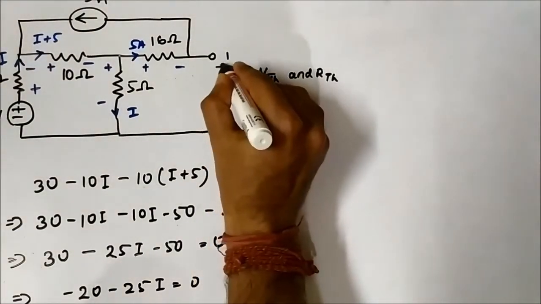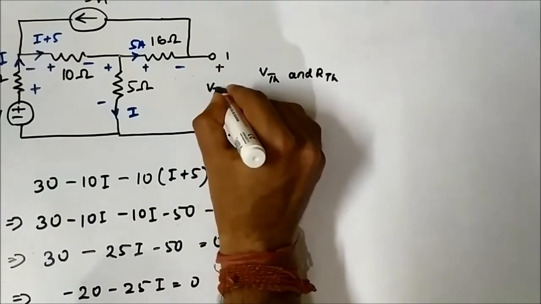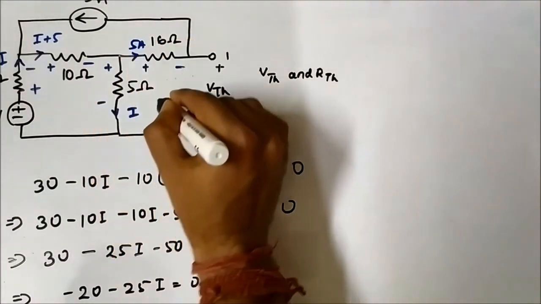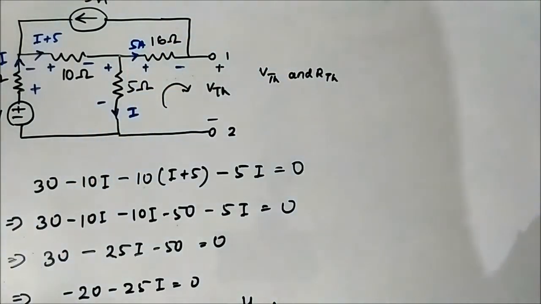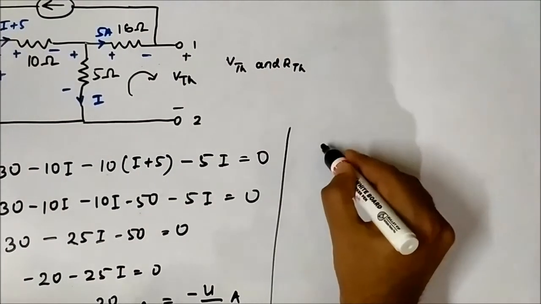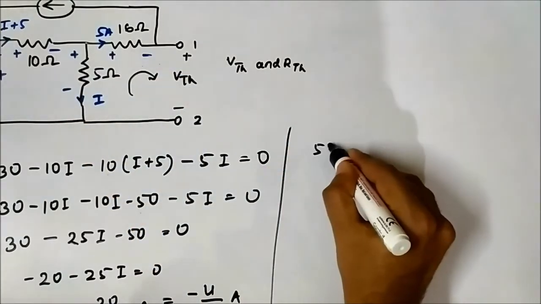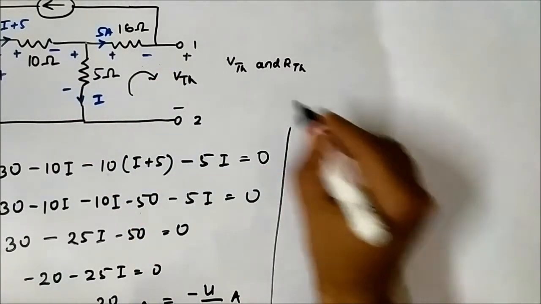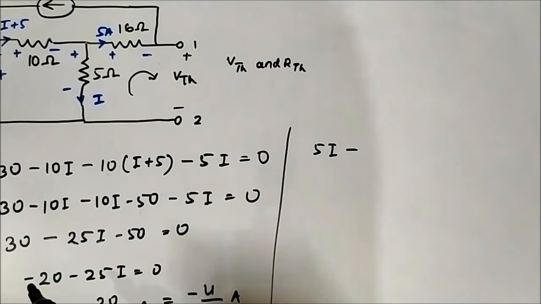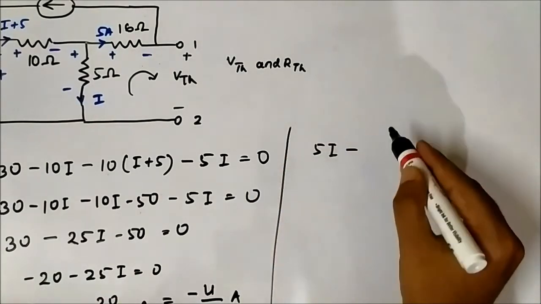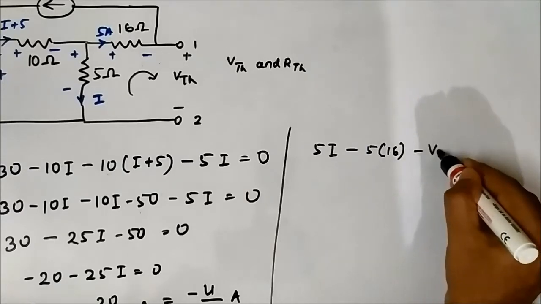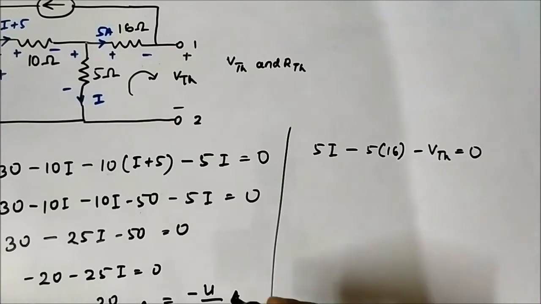Let us assign VTH here. This is the Thevenin voltage across these two terminals. Let us apply KVL in this mesh. Again using the second sign dominating method, 5I minus 5, here 5 ampere is flowing through 16 ohm, so it is 5 into 16, minus VTH is equal to 0.